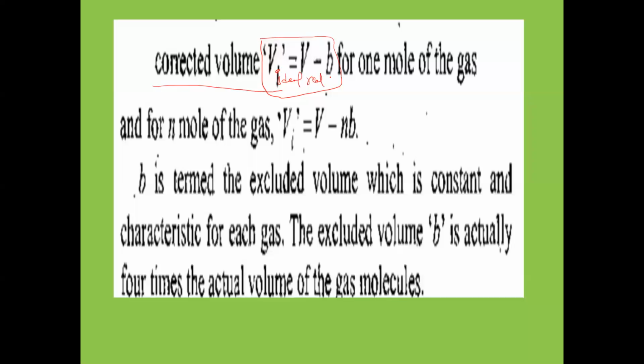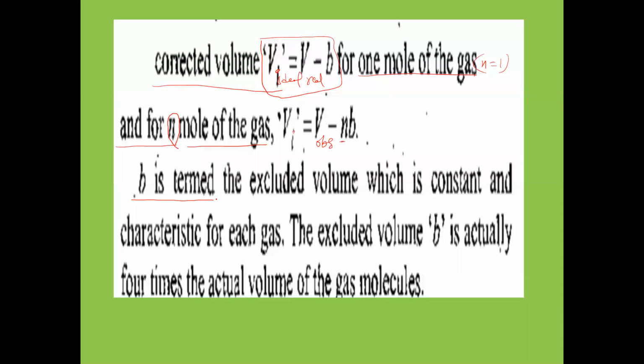So V real gas minus b, where b is the correction for the volume for 1 mole of gas. 1 mole of gas means n is equal to 1. And for n number of moles of the gas, V ideal is equal to V observed, that is V real, minus nb, where n is the number of moles. So this point we have to understand.